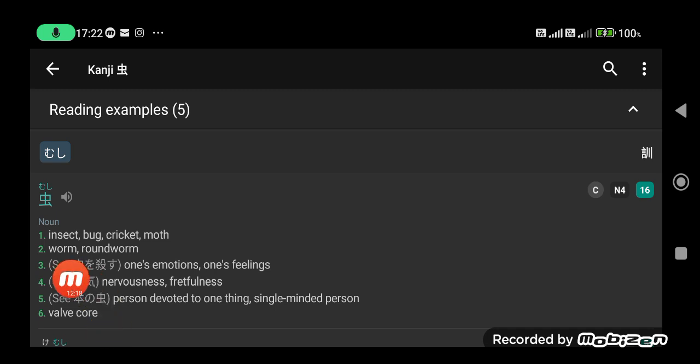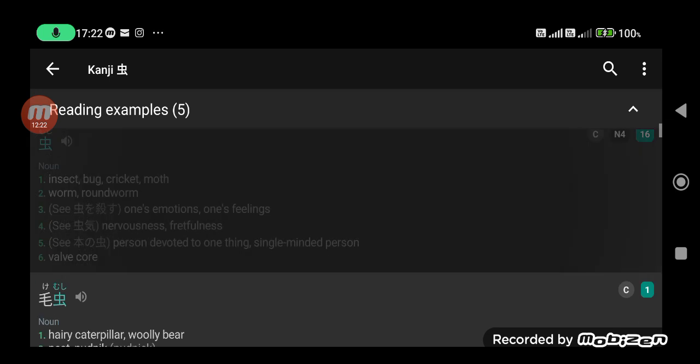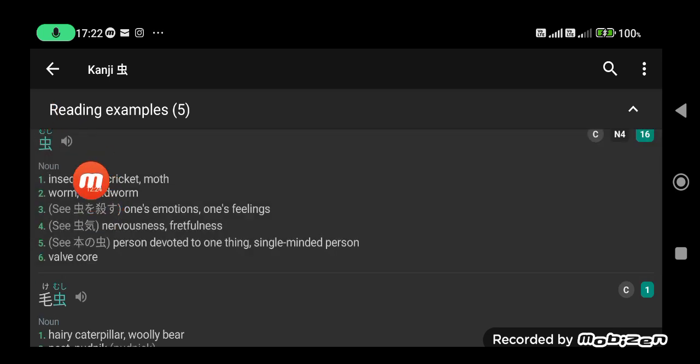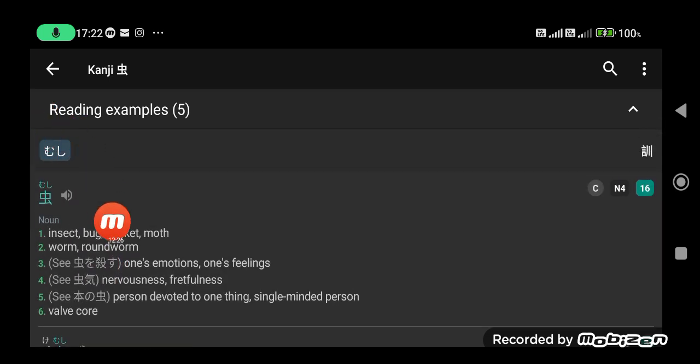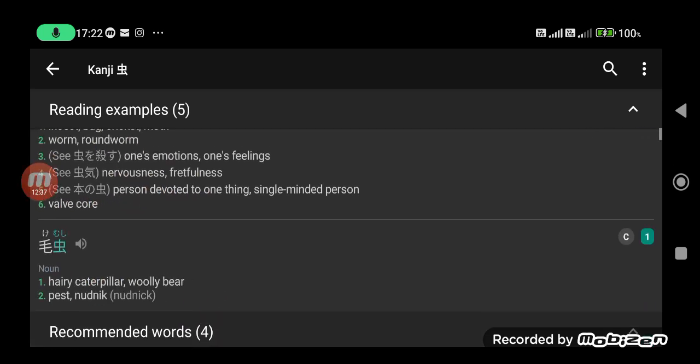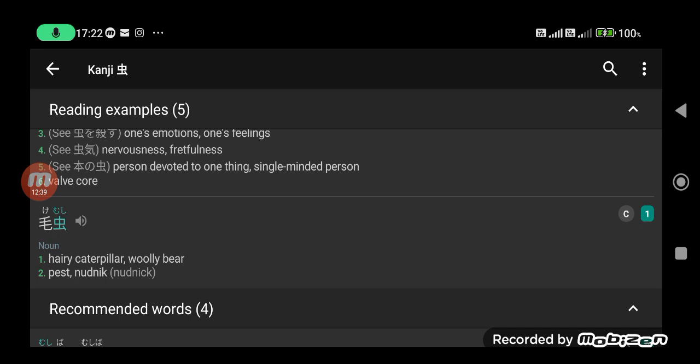You see that, minasan? Have you ever heard of the word bookworm? Bookworm. And remember, the secondary meaning of mushi means worm. This first kanji here is book. Hon no mushi, person devoted to one thing. Okay, so I want you to remember that.